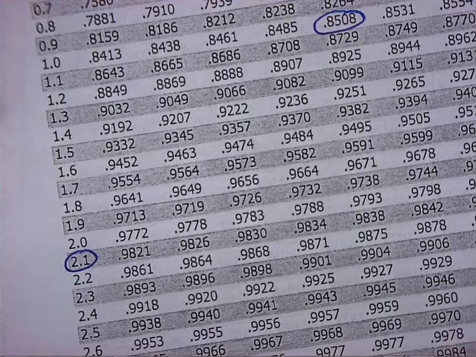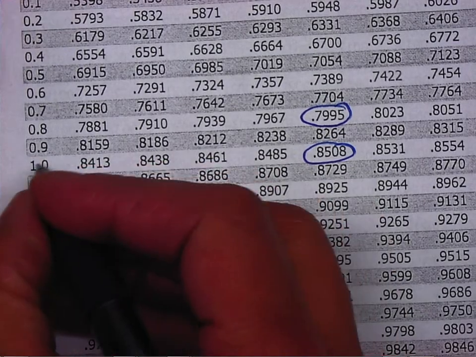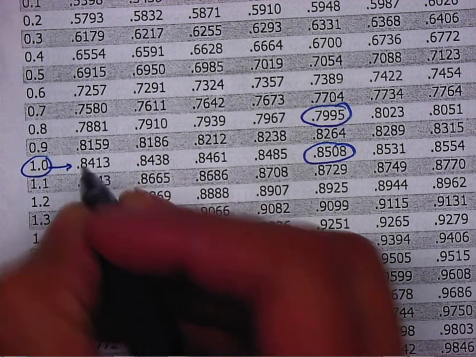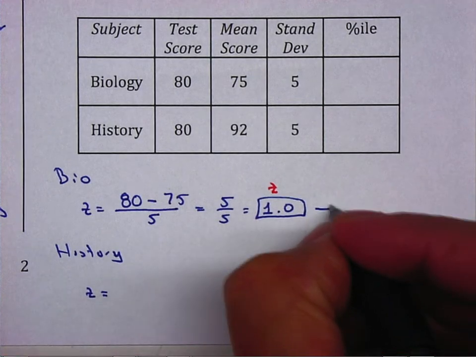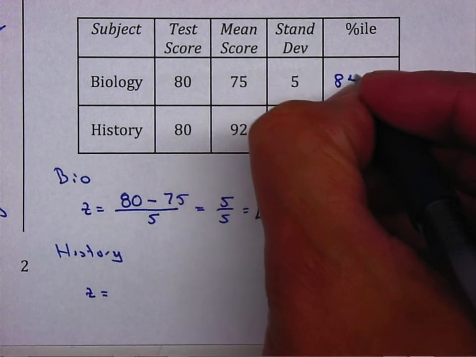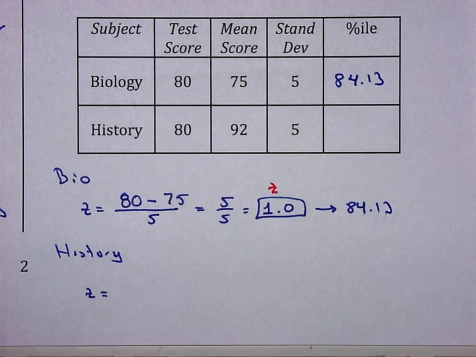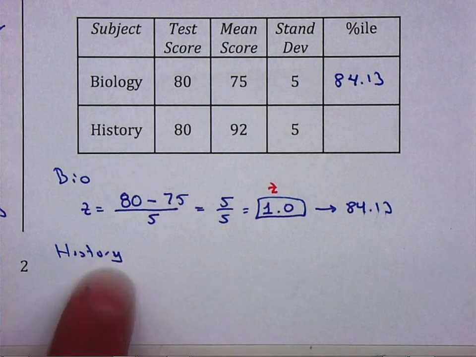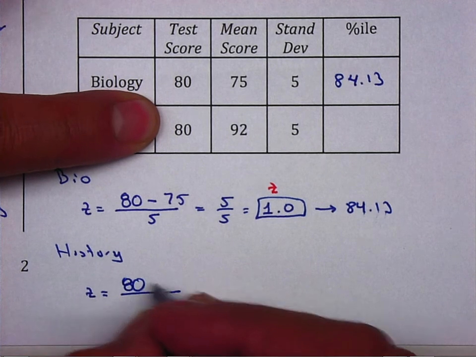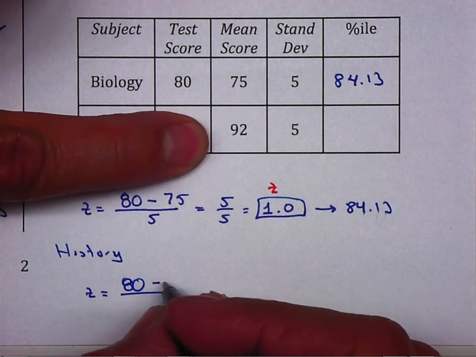Positive 1.0 is 0.8433, which is 84.33%.